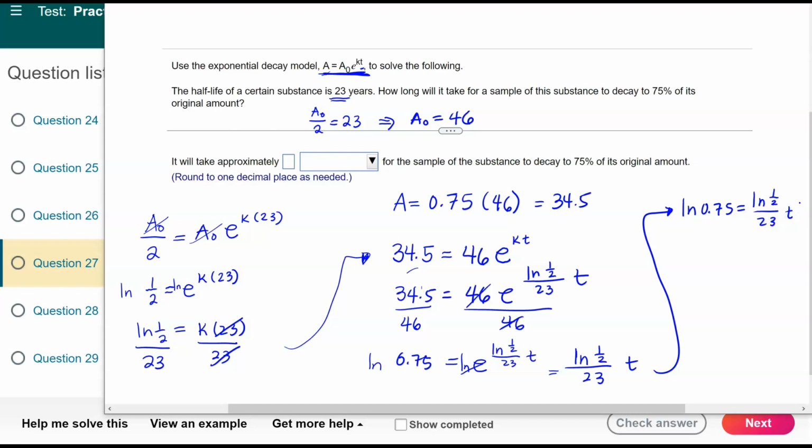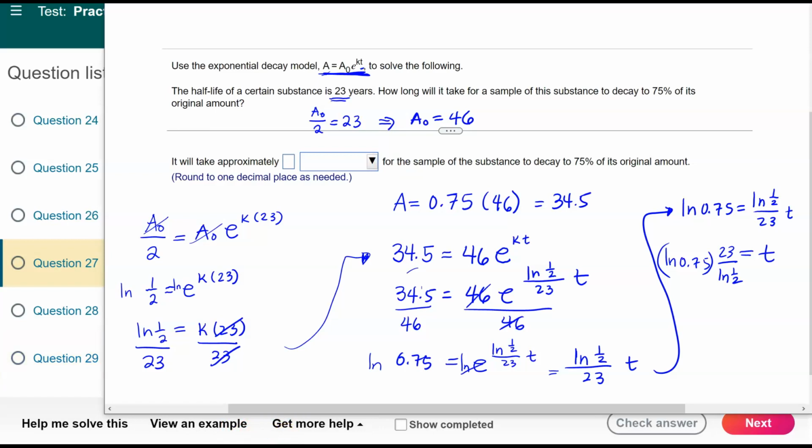Now you multiply both sides by the reciprocal of this expression to solve for t. So t is ln of 0.75 times the reciprocal of this, so 23 over ln of 1/2. And that is what you would plug into your calculator.